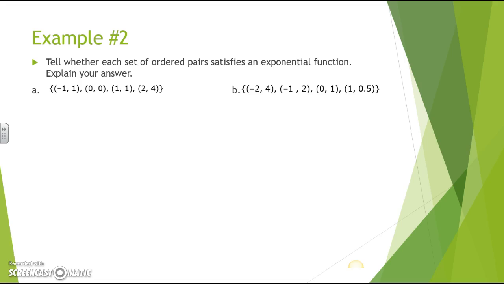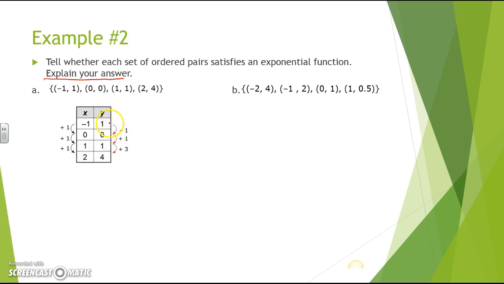Let's now get into determining, when they're giving you ordered pairs, if the ordered pair is an example of an exponential function, and they also want you to explain your answer. My recommendation is to write this ordered pair as a chart. So your x is in one column, so -1, 0, 1, and 2, and then your y is in the right column, 0, 1, 1, and 4. Notice how the x's increase by 1s.